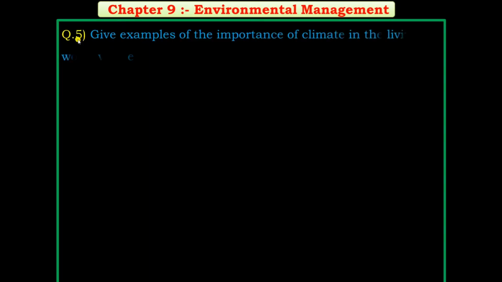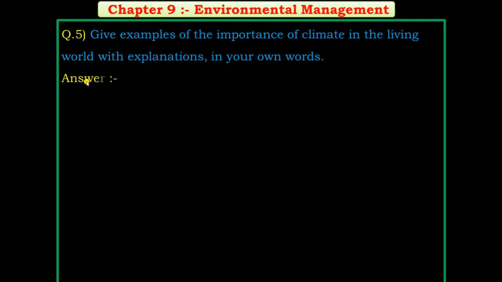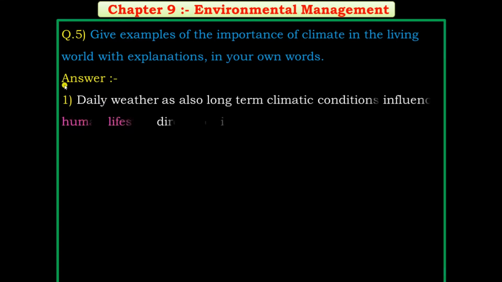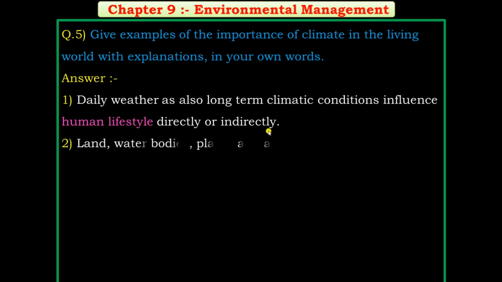Number 5. Give examples of the importance of climate in the living world with explanation in your own words. And the answer is: point number 1, daily weather as also long-term climatic conditions influence human lifestyle directly or indirectly.